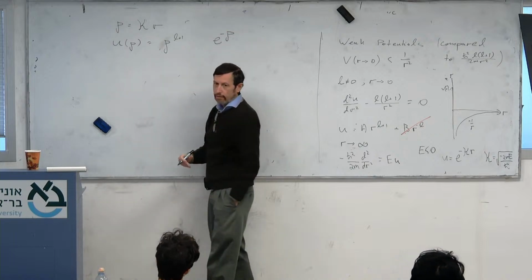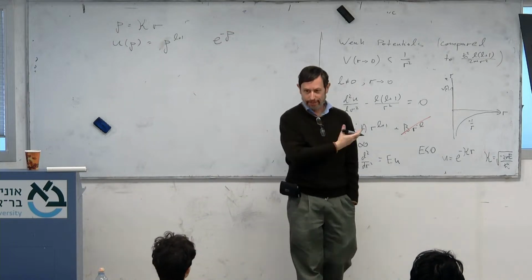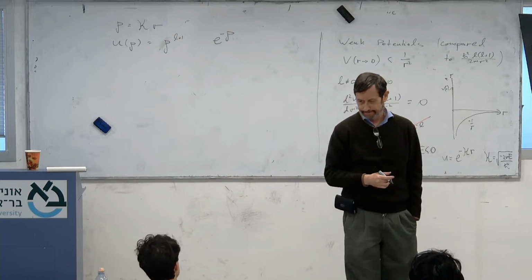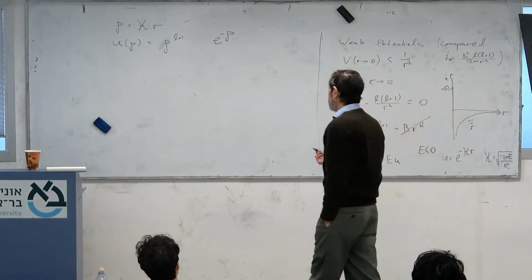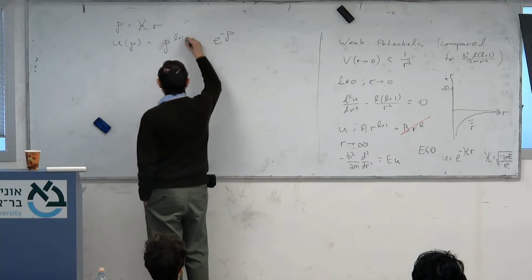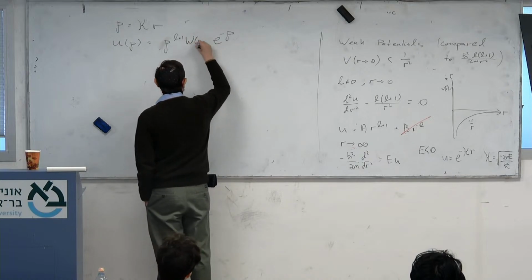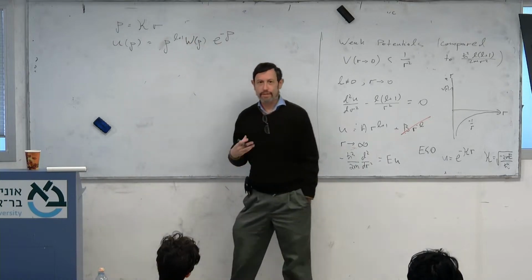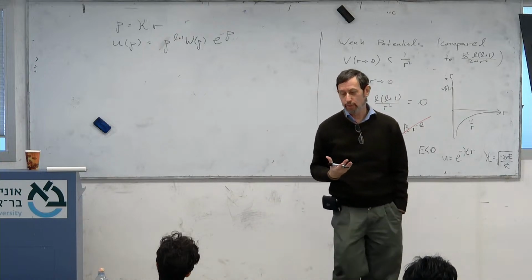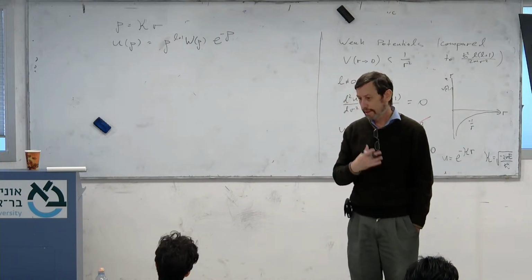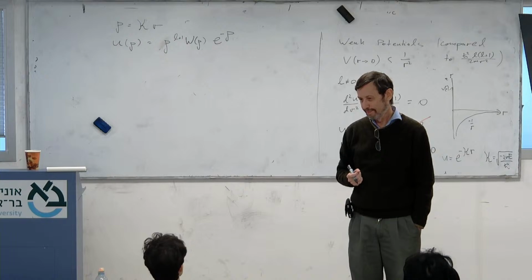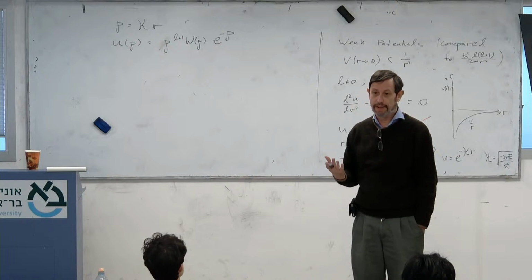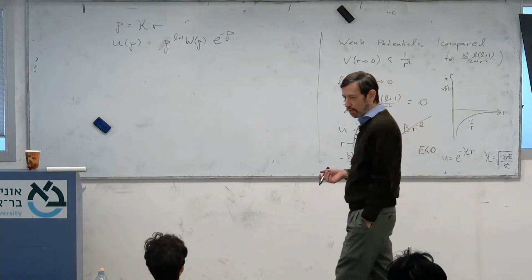I need the behavior at large values of rho. And I need some function extrapolating between those two limits, which will be W of rho. And now I'll have to find out what is W of rho.